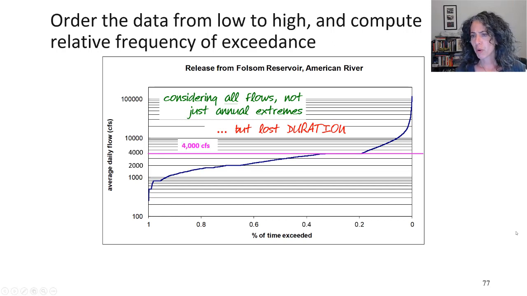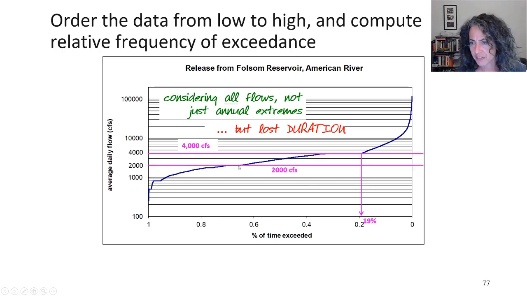So to answer our question of how often is flow between 2,000 and 4,000 CFS, here's 4,000 CFS, and we have a bit of a flat spot here at 4,000 because we have many days that were at exactly that flow. But if we look at how often flow was larger and not inclusive of 4,000 CFS, it's 19%.